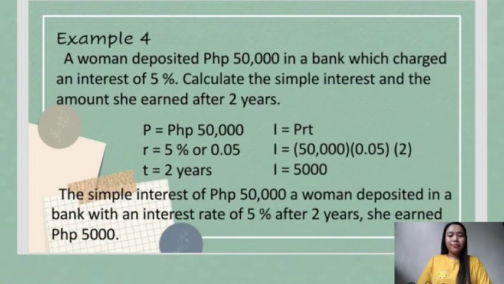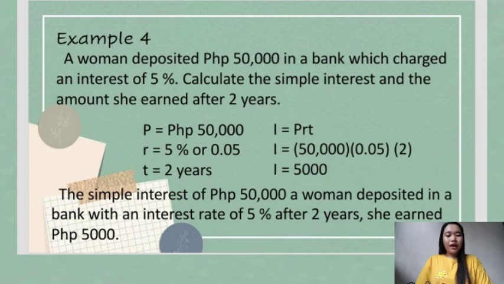Example number 4. A woman deposited 50,000 in a bank which charged an interest of 5%. Calculate the simple interest and the amount she earned after 2 years. Based on the given, we need to calculate the simple interest for us to know how much she earned after 2 years, and transform the interest rate into decimal. So the decimal of 5% is 0.05. Then substitute in the formula.